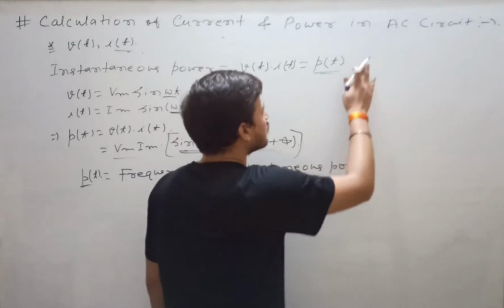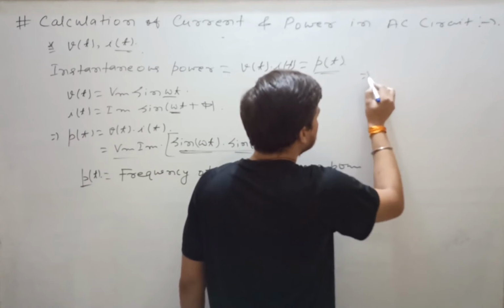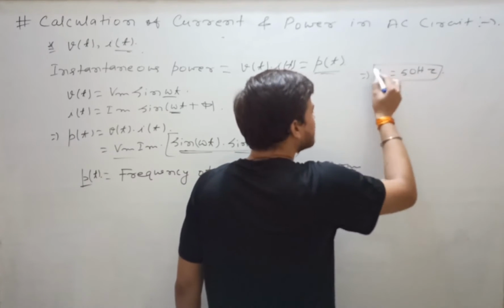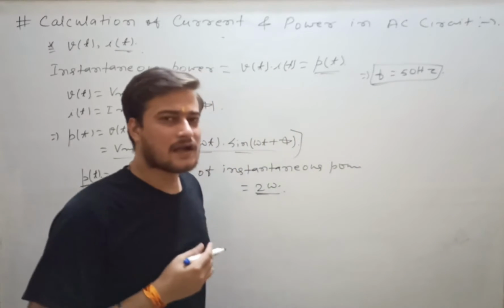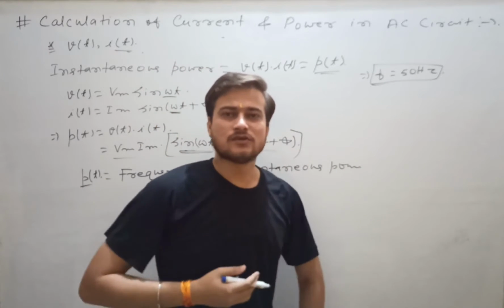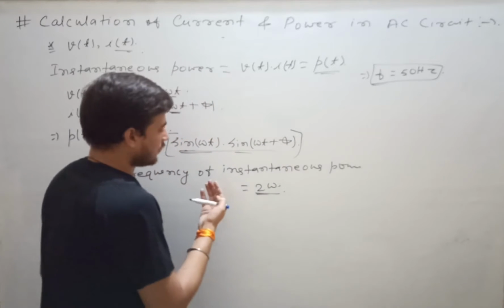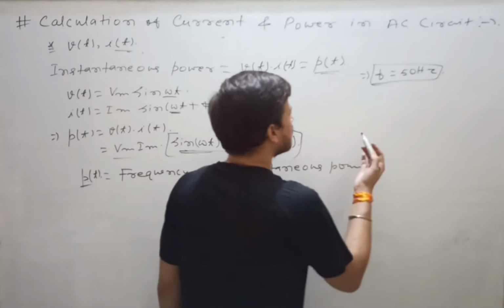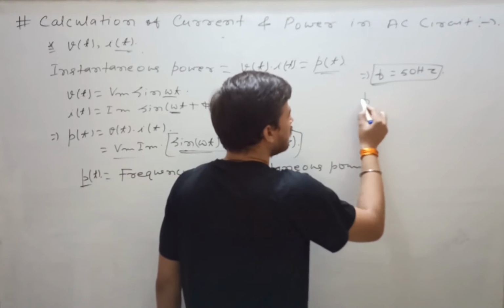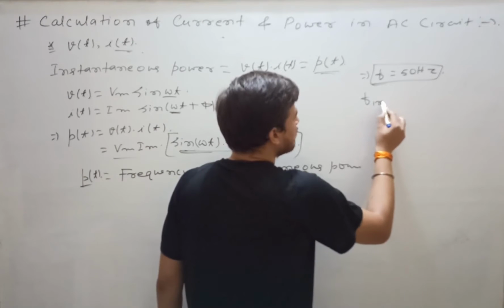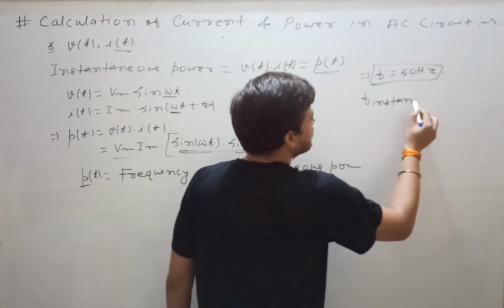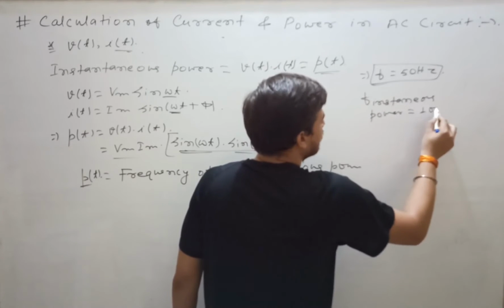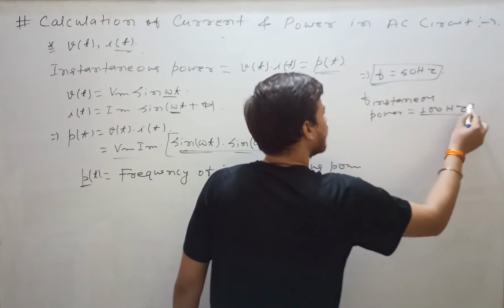It means if your supply frequency is f equal to 50 Hz, then for the equipment connected to the supply, the frequency of instantaneous power will be equal to 100 Hz.